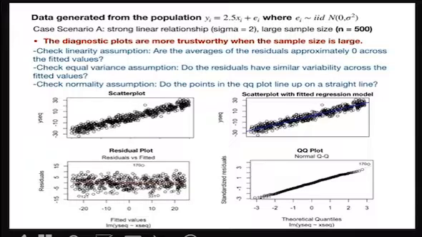Now we generate the data set and fit the model. After fitting the model, we construct diagnostic plots. The first one is a scatter plot, the second is a scatter plot with the fitted regression line, the third is a residual plot, and the fourth is a normal QQ plot.